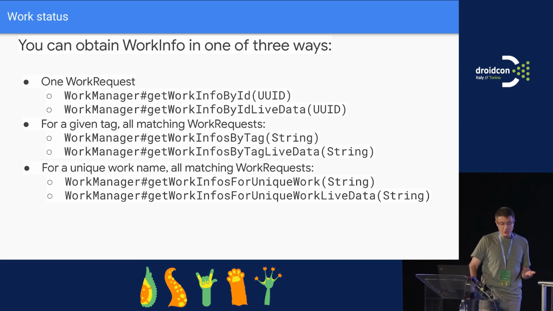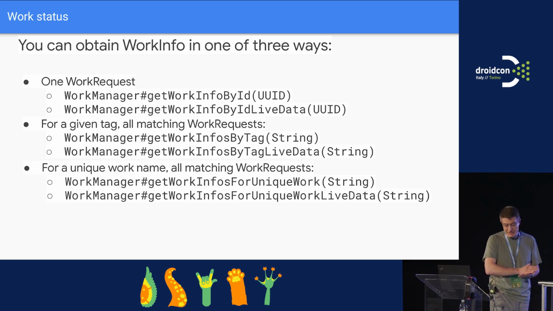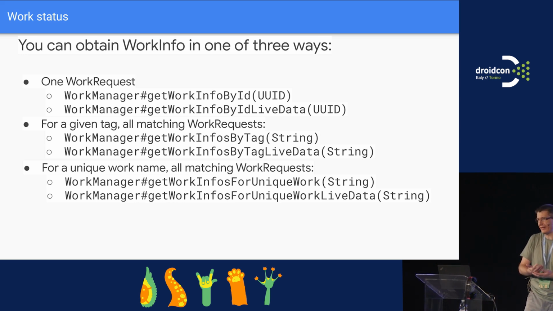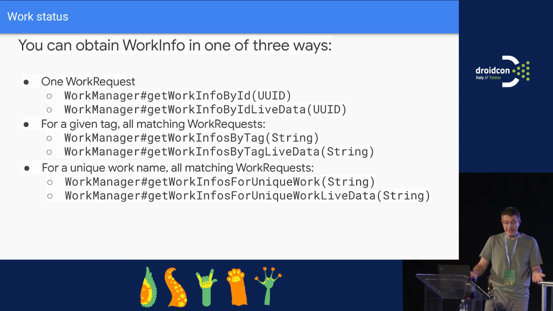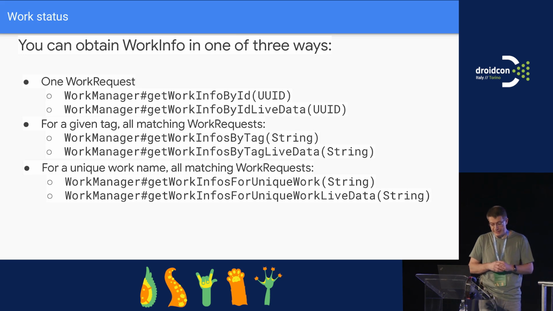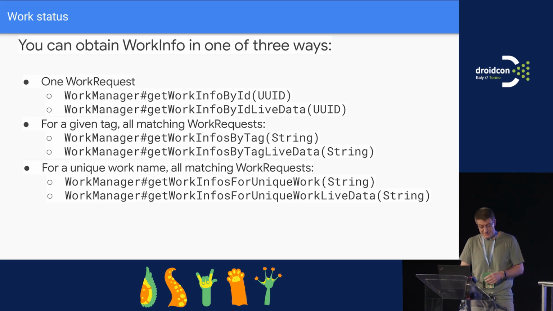The other option is, given a tag, to get all the matching work requests, because we can assign a string tag to every work request, and this can be reused for multiple work requests. So we get a list of all the WorkInfo with a LiveData observable.